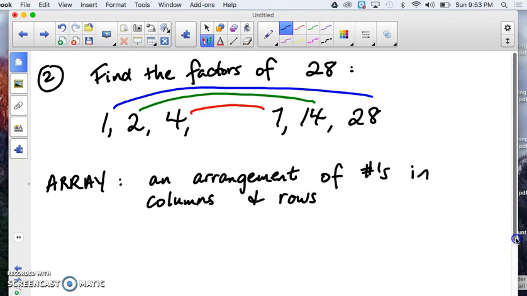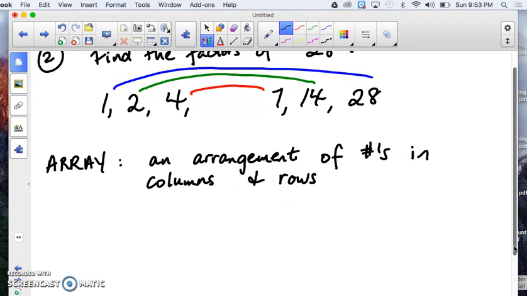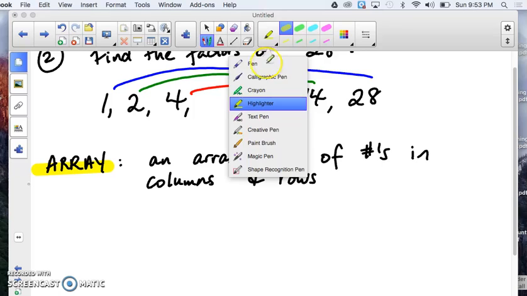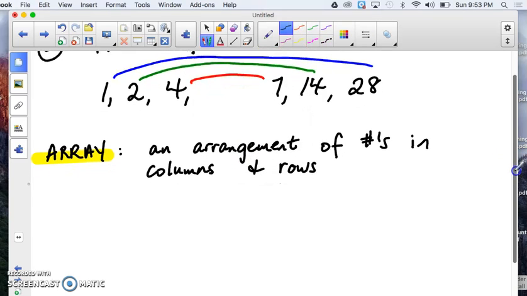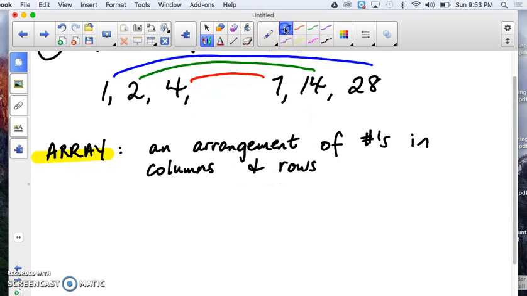Okay, so again, an array, and I'm going to take my highlighter and highlight that definition. An array is an arrangement of numbers in columns and rows. Now, let's actually go back to the arrays of 28.